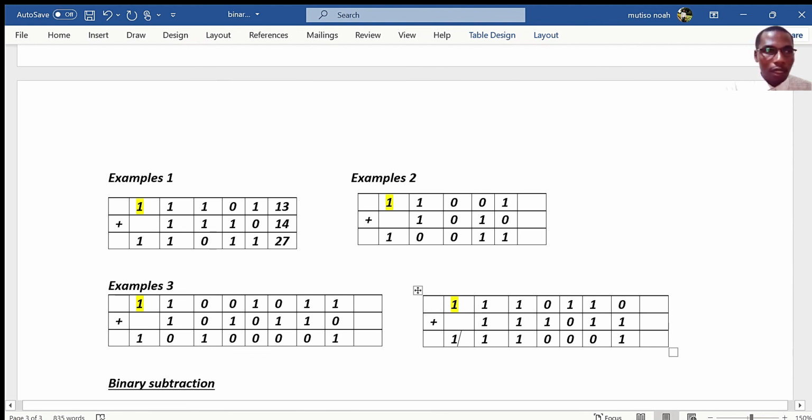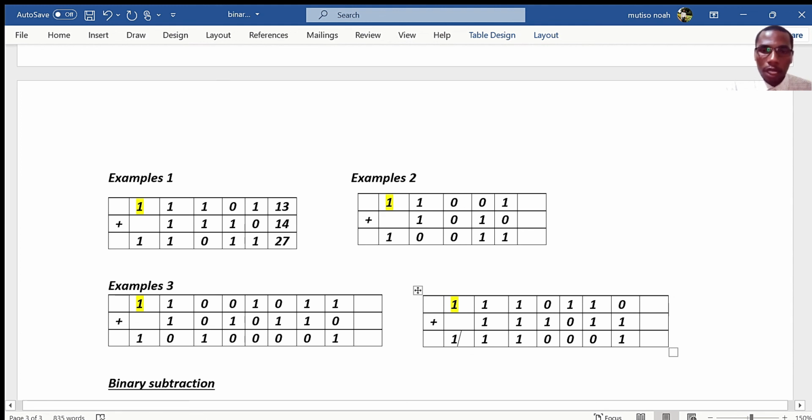We have also learned the basic possibilities on how to add binary numbers. So let me end this lesson at that point.